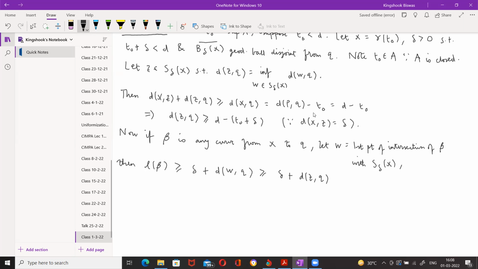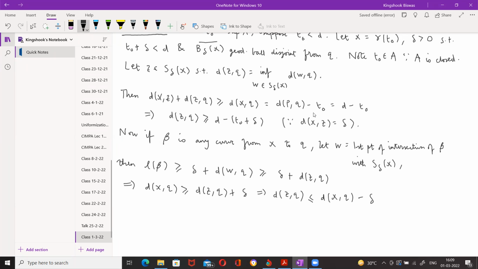Now this is true for any beta from X to Q. So I can take the infimum over beta. So this gives me that the distance from X to Q is greater than or equal to the distance from Z to Q plus delta. So that implies that the distance from Z to Q is less than or equal to the distance from X to Q minus delta.